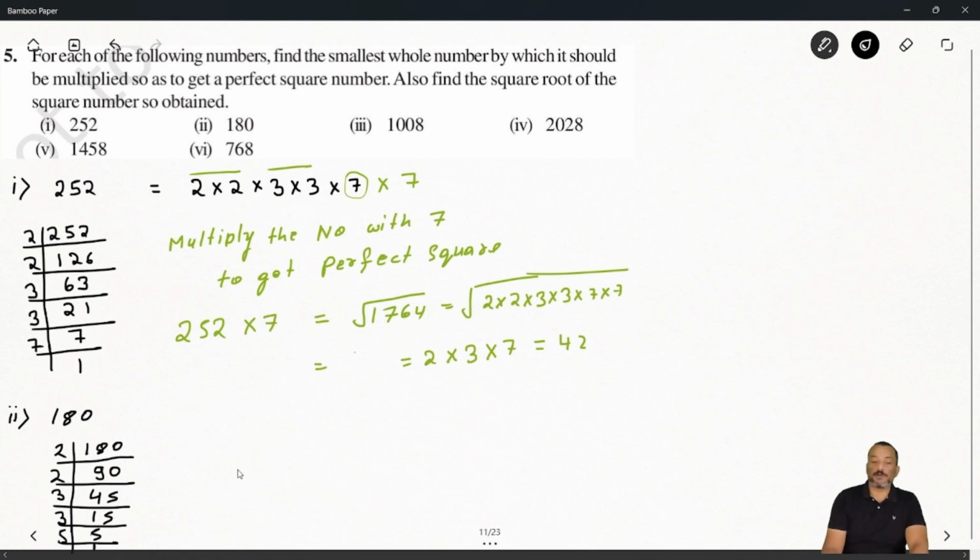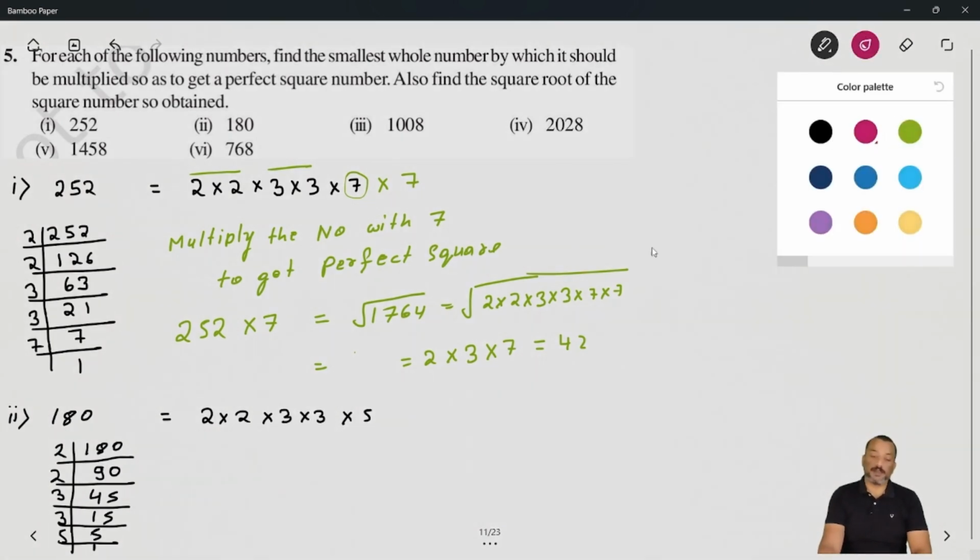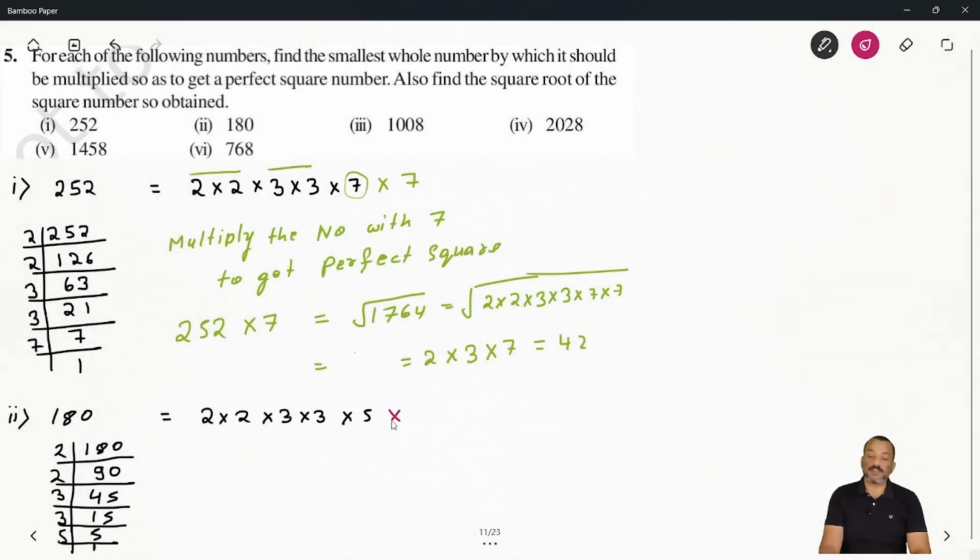So the factors are 2 times 2, 3 times 3, and 5. Which number is unpaired here? 5 is unpaired, because all others are in pairs.